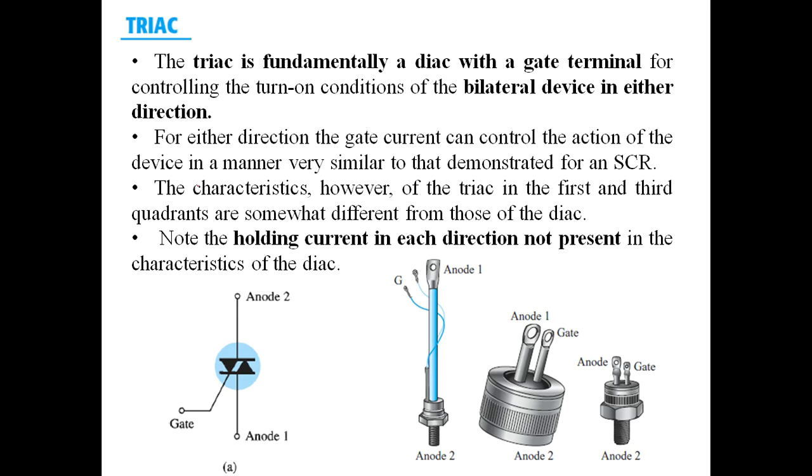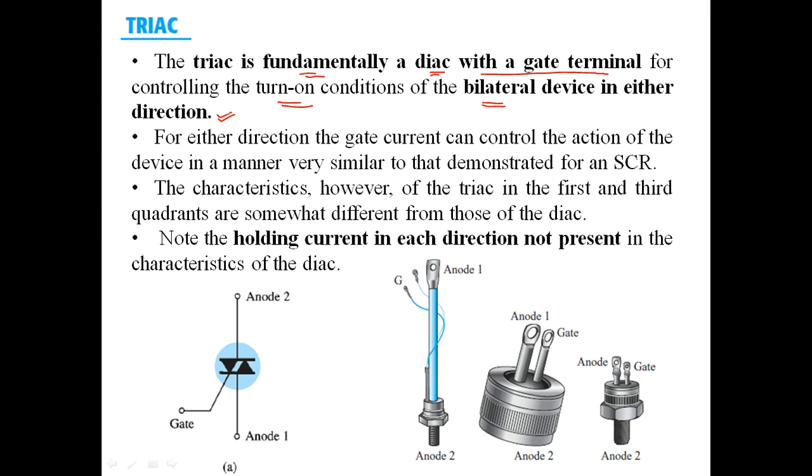However, in the case of a triac you can very clearly, precisely have that control. So what is the definition of a triac? The triac is fundamentally a diac with a gate terminal for controlling the turn on conditions of the bilateral device in either directions.